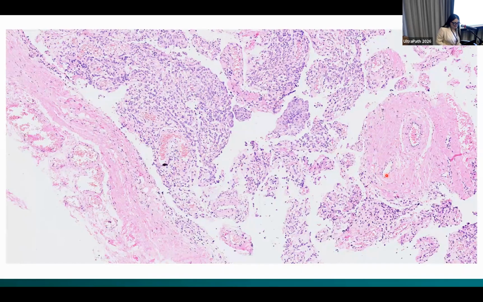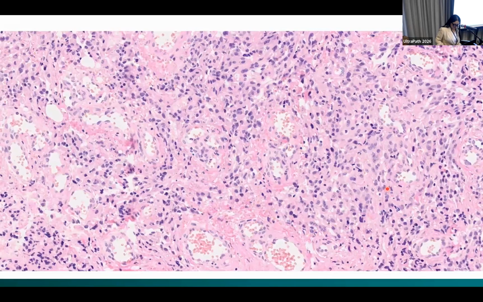Some of them are larger. In the morphology, we can see that these cells are small, with indistinct cytoplasm borders, and some are disposed at the periphery of these vessels, giving this aspect of myopericytoid or perivascular cells.